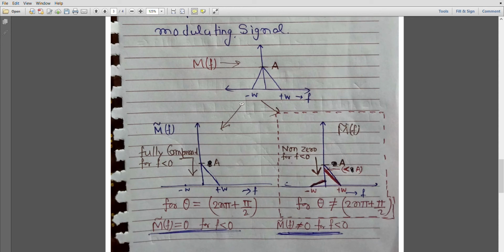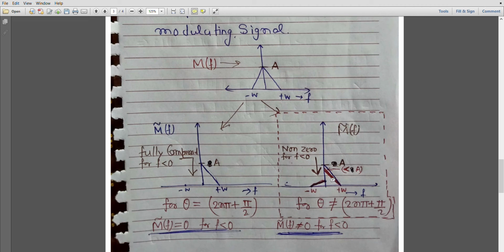But if we could not get exactly the phase shift of pi by 2, then our single sideband modulated signal will not be ideal. It will contain some negative component, some non-zero value for f less than 0. So this is the answer to my question.